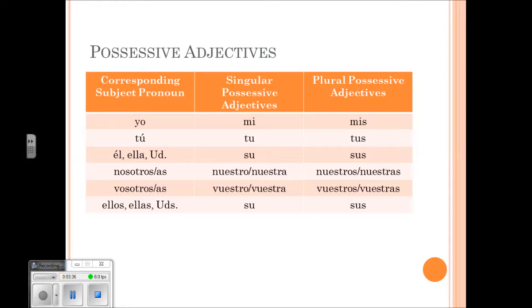So when you're saying ours and your alls, that's when you would need to pay really close attention to the gender. You'll also notice that the él, ella, usted, and ellos, ellas, ustedes have the same possessive adjective. It's the su or sus. So you'll need to pay really close attention to the context of the situation so you would know whether we're talking about his duck or their ducks.